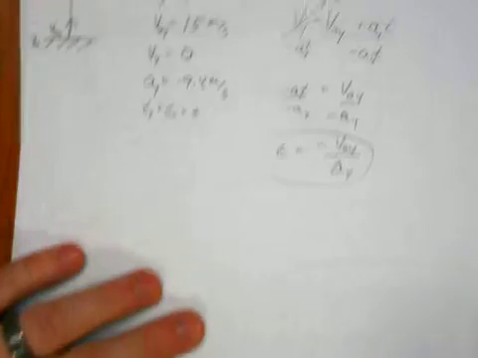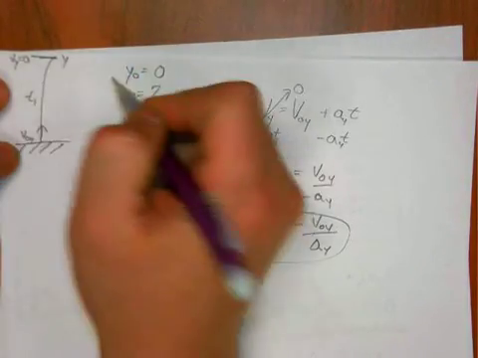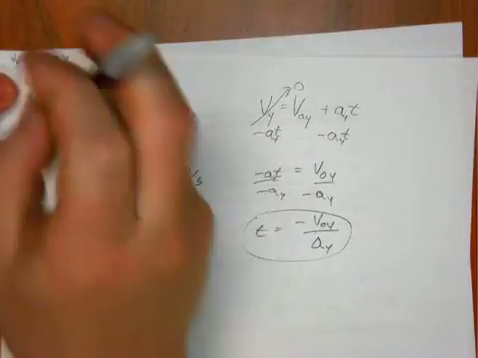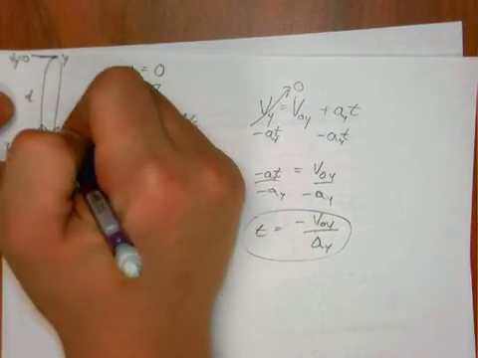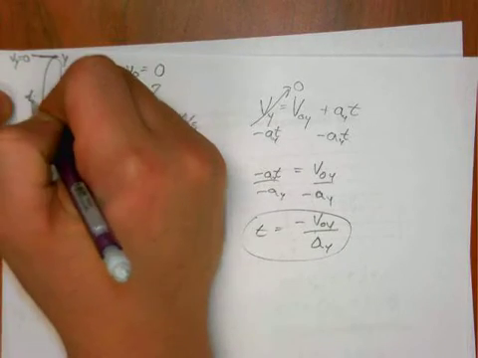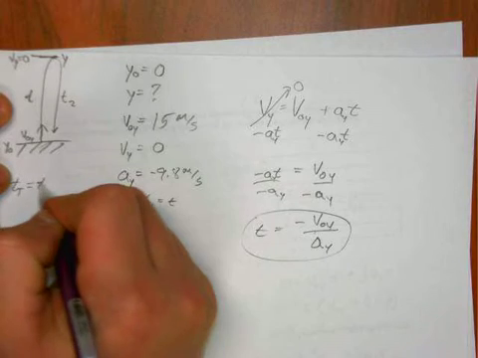In order to solve the problem this way, you have to recognize the symmetry. Let's call this T, then this is T2, and T total equals T plus T2.